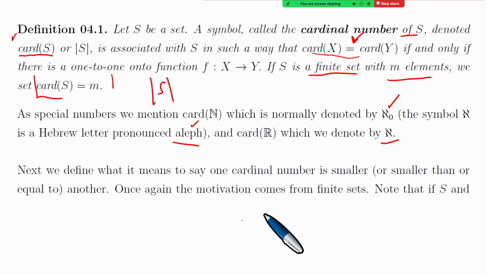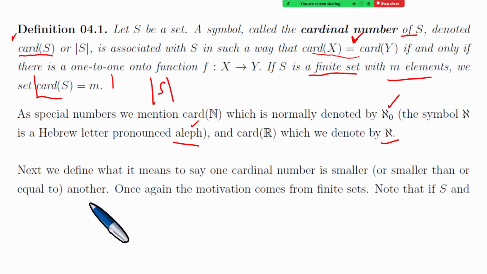So what is the cardinality of R? It is aleph. What is the cardinality of the set of natural numbers? It is aleph naught. Yet, obviously, both of these sets are infinite sets.